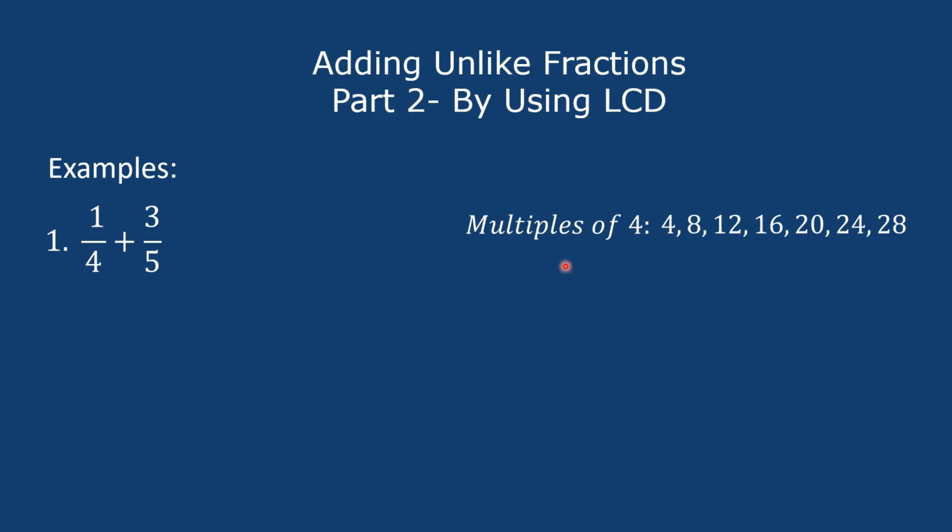This can be found by multiplying 4 by counting numbers. 4 times 1 is 4, 4 times 2 is 8, 4 times 3 is 12, 4 times 4 is 16, 4 times 5 is 20, 4 times 6 is 24, 4 times 7 is 28.